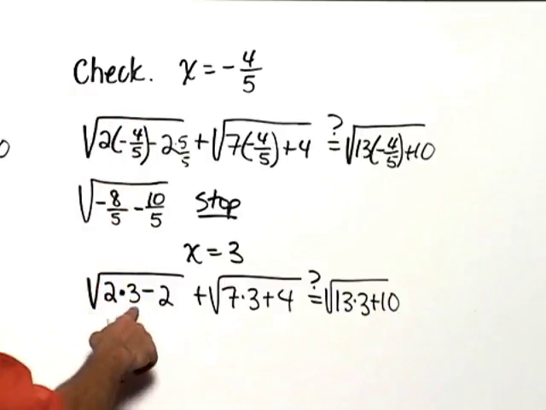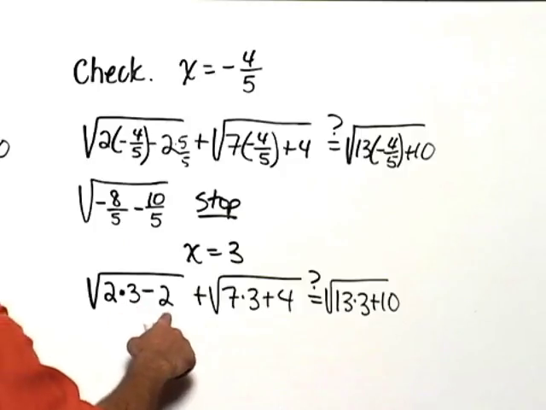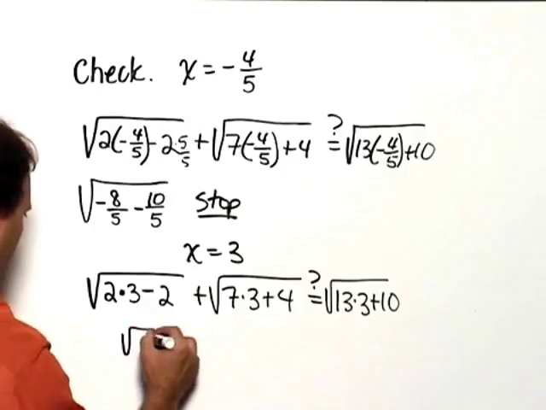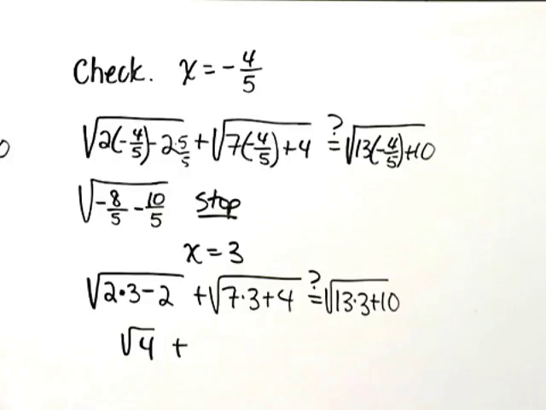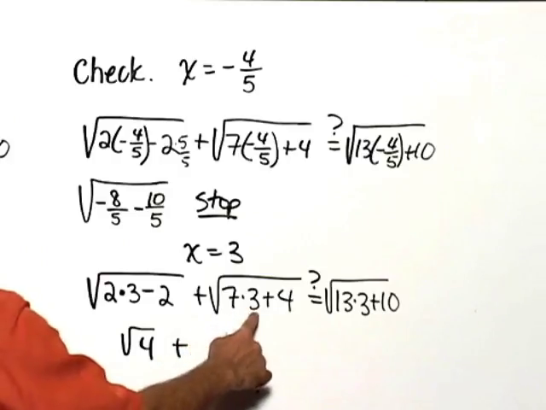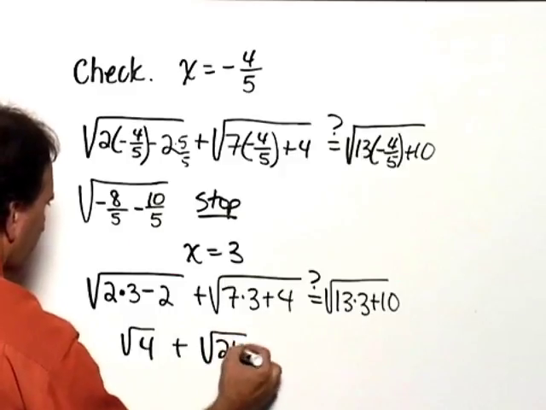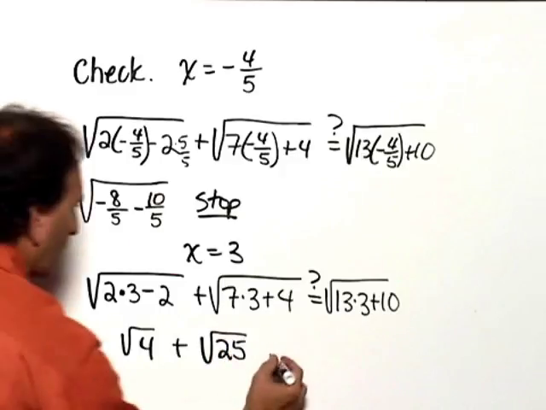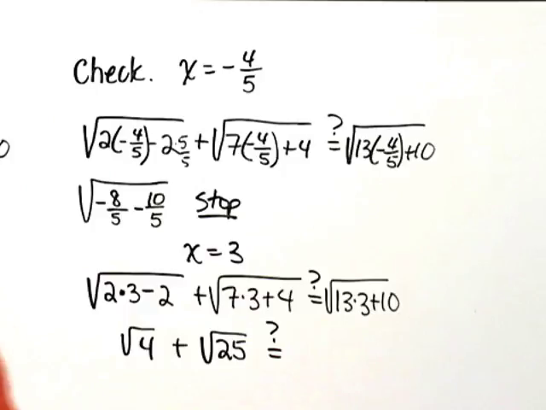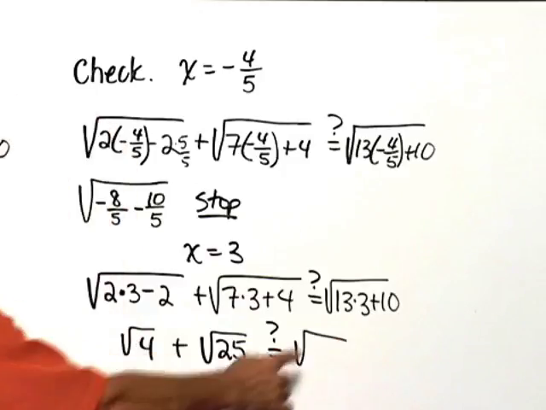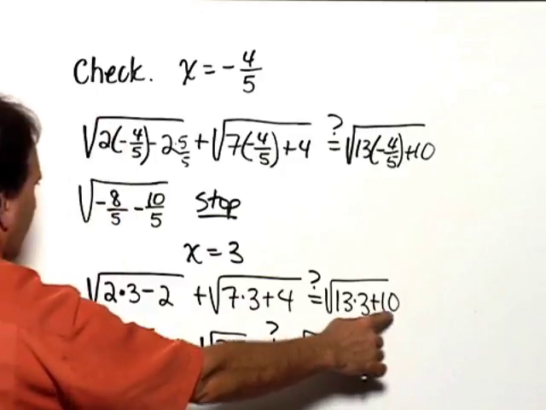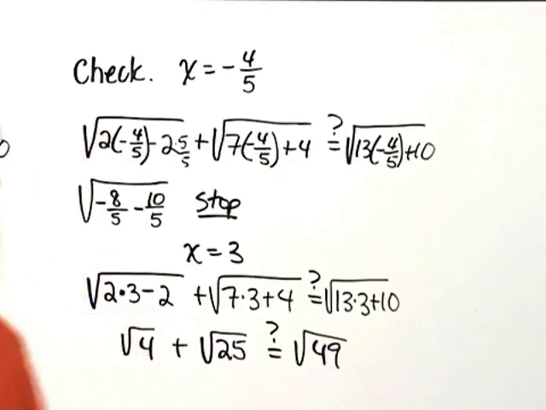Simplifying here, 2 times 3 is 6. 6 minus 2 is 4, square root of 4, plus 7 times 3 is 21, plus 4 is 25, so that's plus the square root of 25. We want to know, does that equal the square root of 3 times 13 is 39, plus 10 is 49.